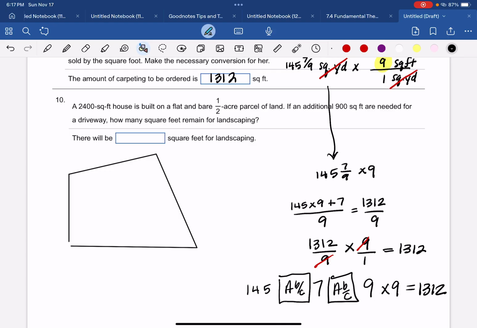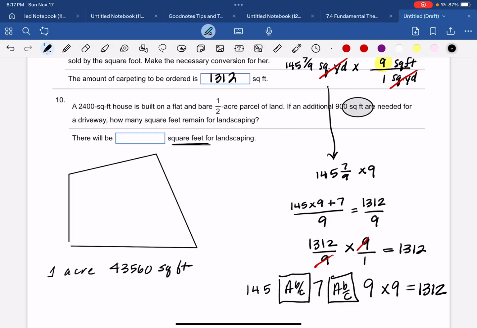Now, notice that they are in square feet here. So we have to do acres to square feet because we want to be square feet. So 1 acre, we learned, was 43,560 square feet.